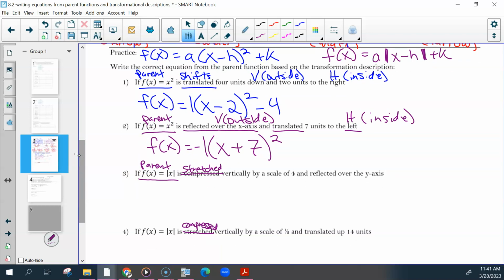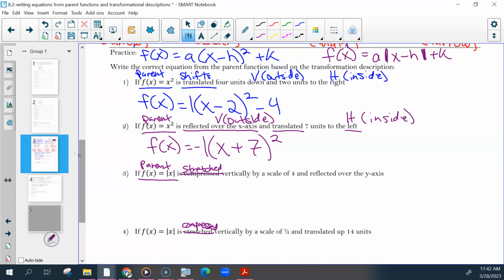So what transformation words do you see in number 3? You're looking for words that say translated or reflected or stretched or compressed.